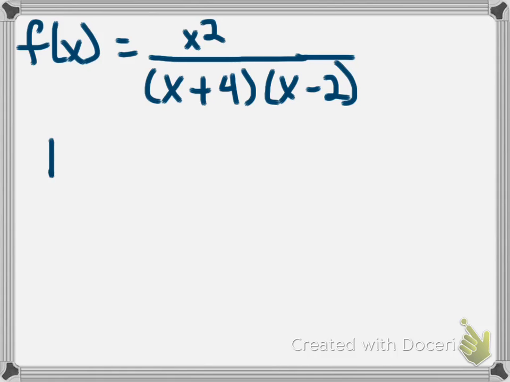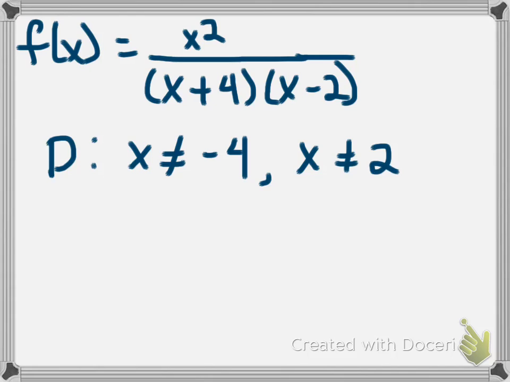So now that the denominator is factored, the domain, let's talk about what x cannot equal. X cannot equal negative 4, because that would give me 0 on the bottom. Also, x cannot equal 2, because that would give me 0 on the bottom. When you're talking about that 0 on the bottom, you're simply looking at this factor right here. If I plugged in negative 4, that would give me 0 on the bottom here.